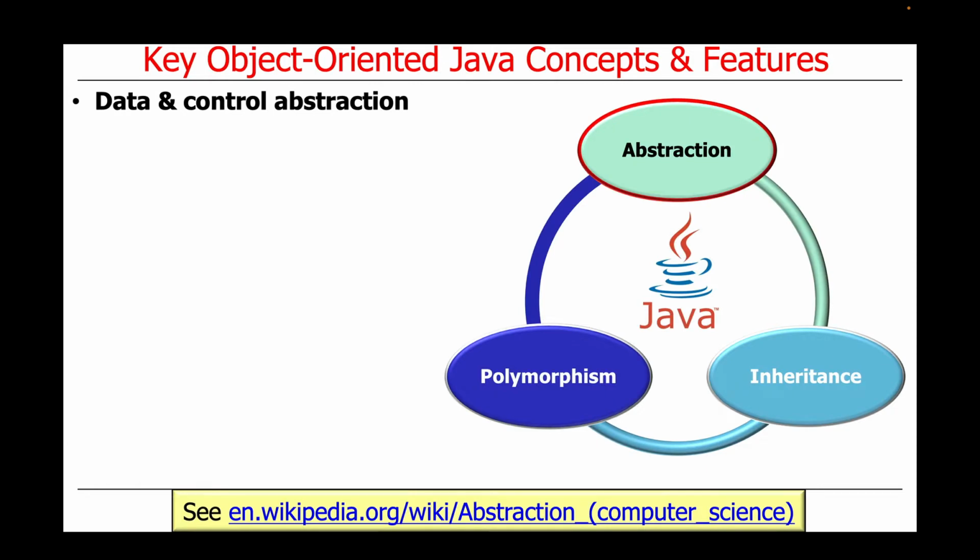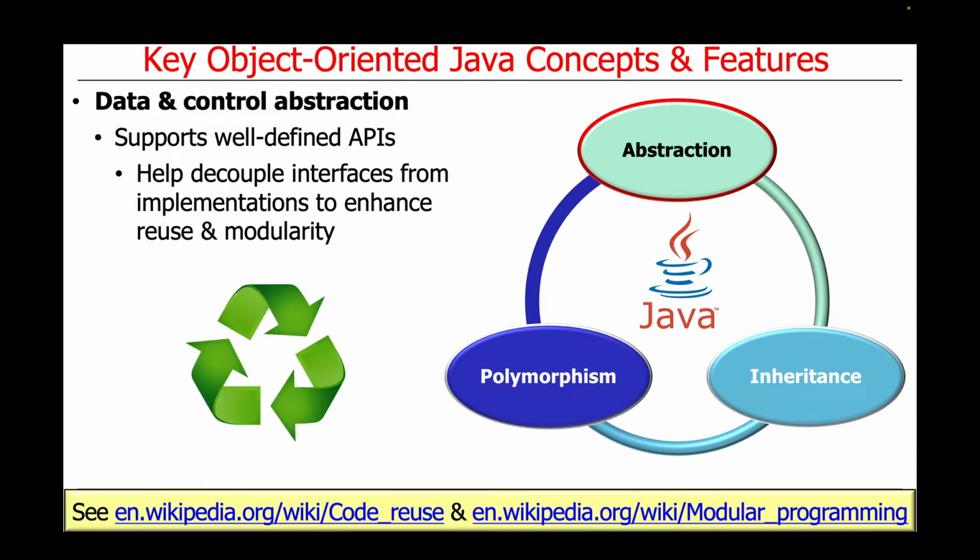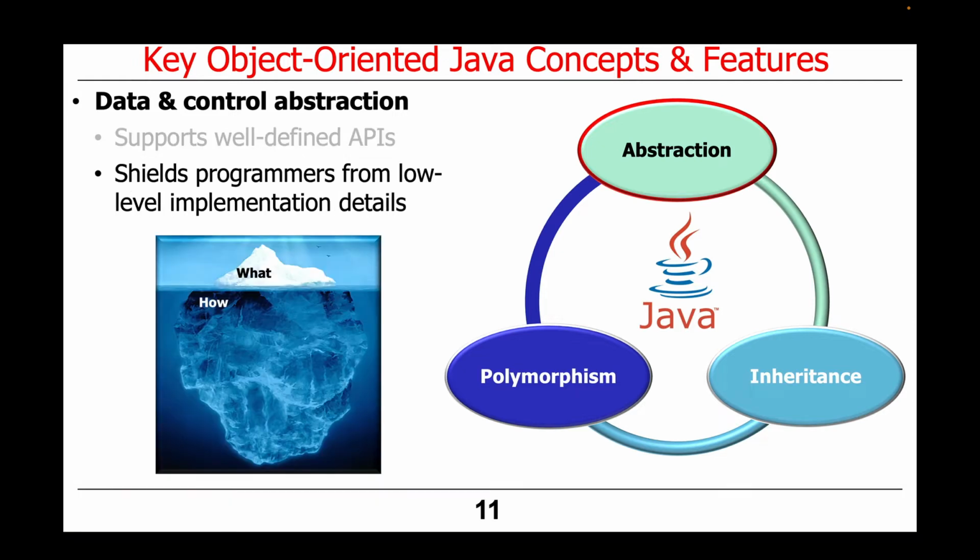Let's start our discussion with an overview of data and control abstraction. Data abstraction supports well-defined application programming interfaces, or APIs. The use of APIs helps to decouple interfaces from implementations, thereby enhancing reuse and modularity. In particular, the implementation details don't get tangled up with the client code, so it makes it easier to reuse and easier to change over time.